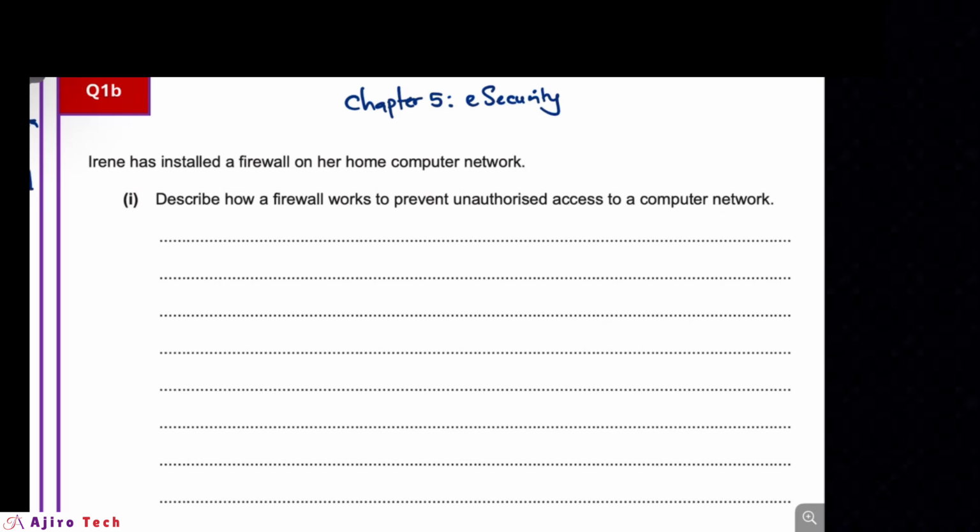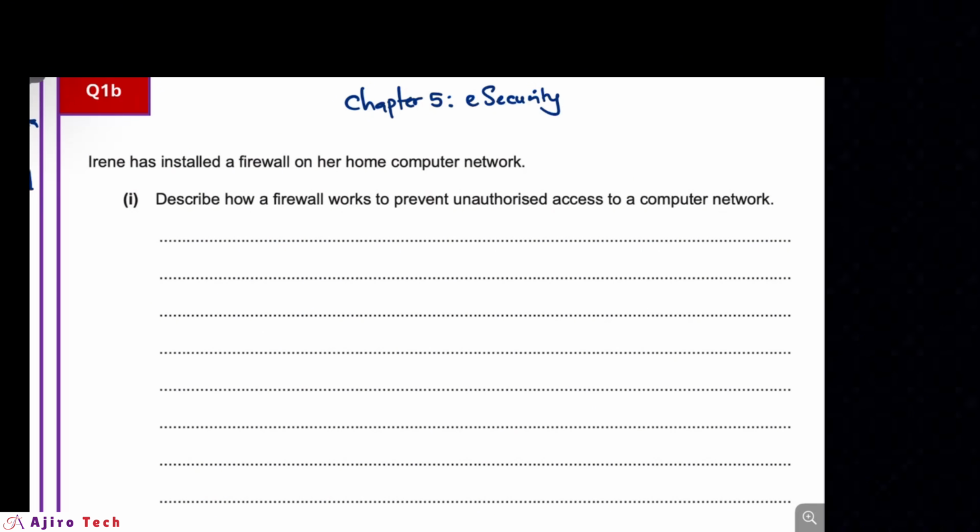A firewall filters incoming and outgoing traffic from a network. That's literally what it does. So it monitors incoming and outgoing data packets. So let's describe how a firewall works to prevent unauthorized access.